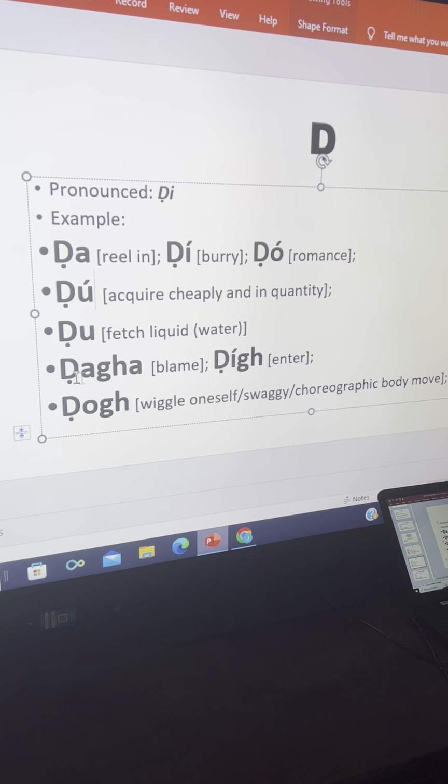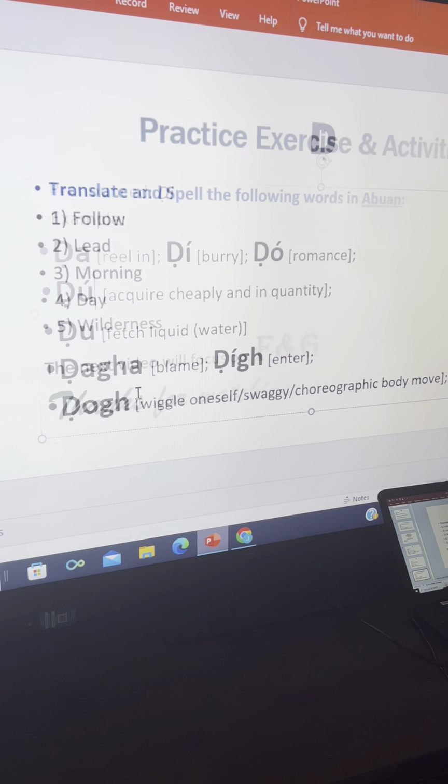How about D, A, G, He, A. Daga. Okay, that is to blame. Cast the blame on someone else. How about D, E, G, He? Dig, that is to enter. Again, know how we tone mark words and the alphabets, so we can bring out a real sound. Here's the other ones.